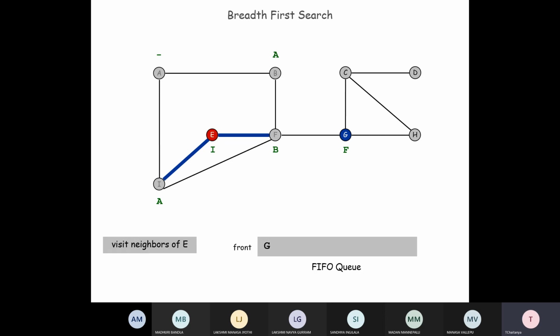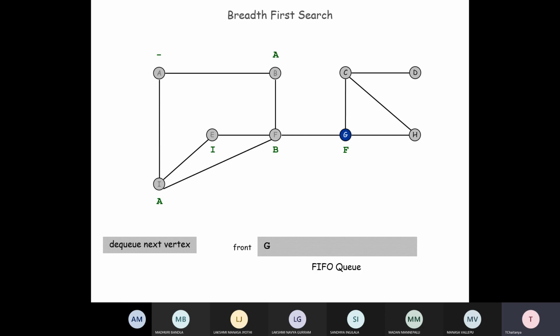Next, if we consider E as the node, how many neighbors does E have? I is one neighbor, and F is the second neighbor. These two are already placed.